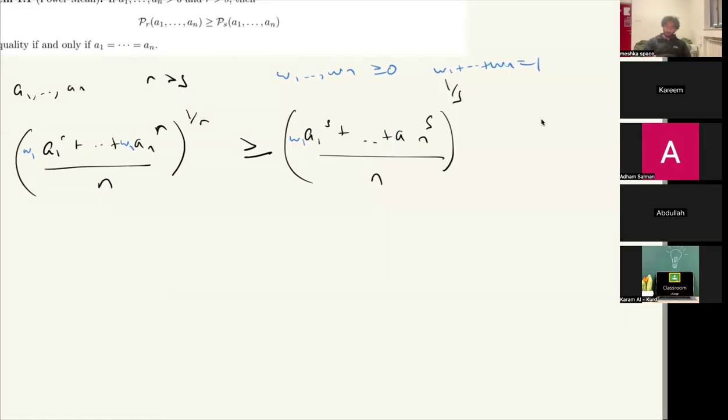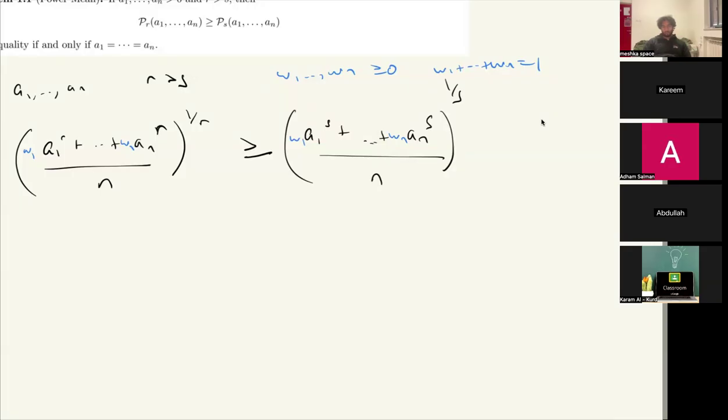I think that in the denominator we should have R instead of N, and S instead of N. In general or for the unweighted version?